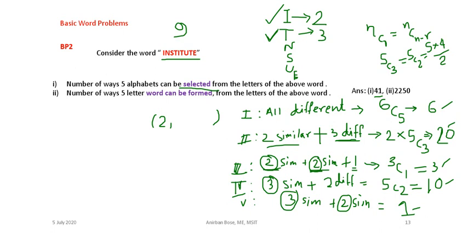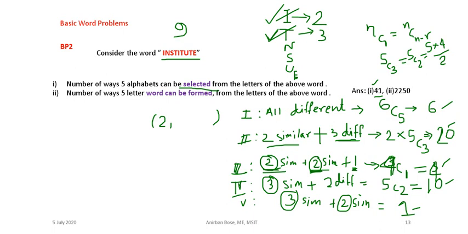That is true, that we can take in only one way, and remaining one we can take out of 1, 2, 3, 4. Oh, sorry, it is 4, not 3. There are remaining 4 letters. Total from the 4, how many ways we can take the last one? So this is 4. Okay, so if you add them up, it will become 41. So there are total 41 cases. Okay, so here I hope you have understood that 2 similar means this T and I, these options are not there. So remaining 4, out of 4 letters, any one can come in the last one.